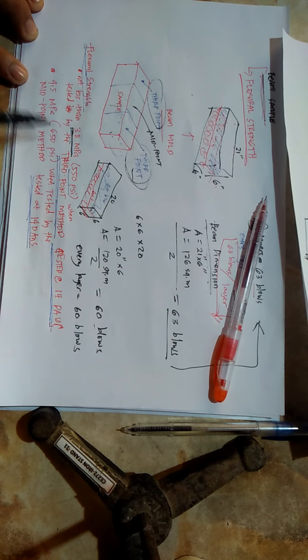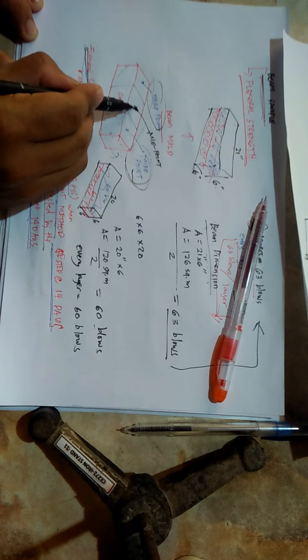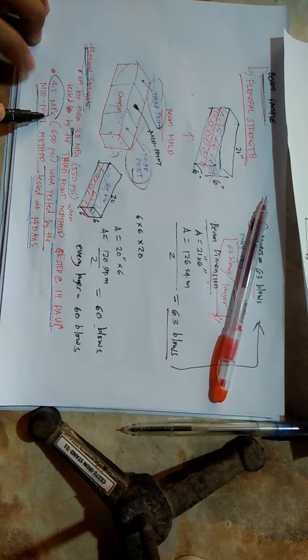Okay? So, next. Yung flexural strength dapat naman nito kapag pinatest mo itong beam sample mo by midpoint method, dapat ang testing mo is more than or equal to 4.5 megapascal.